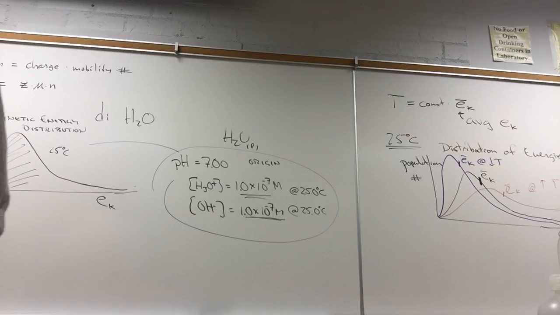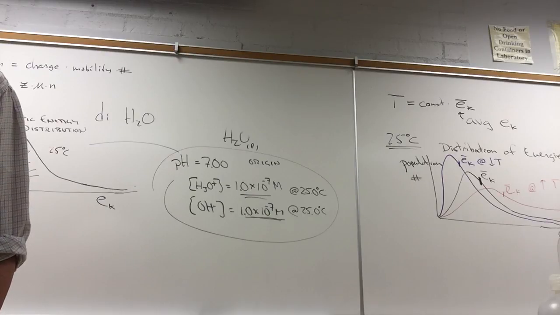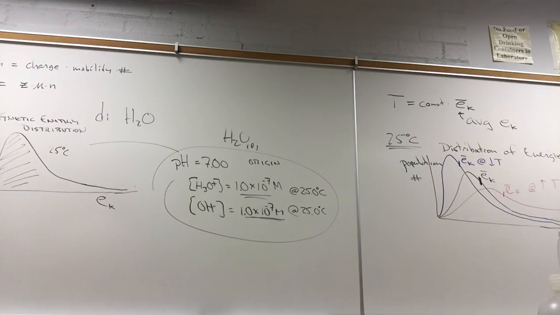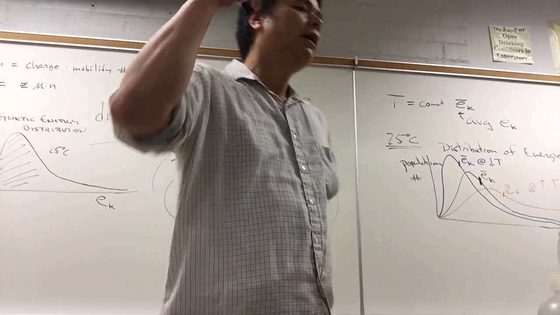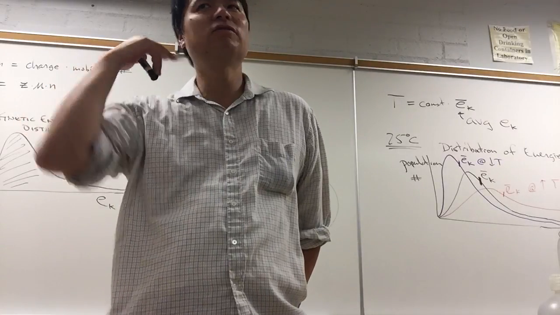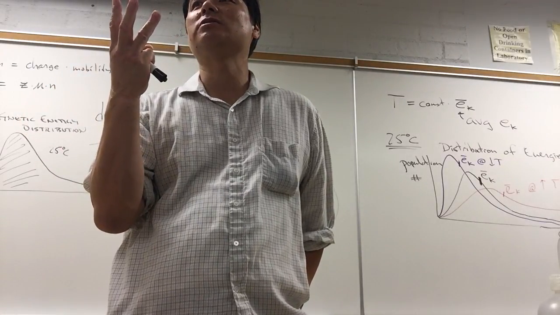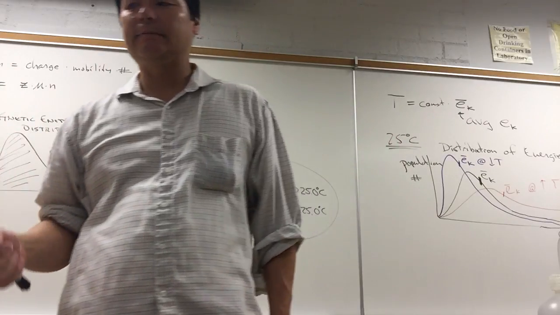But one of the funny things about vibrations is that not every vibration is allowed. Some vibrations are what we call forbidden vibrations. And it turns out that for water, there are only, I think, three allowed vibrations. And that's it.